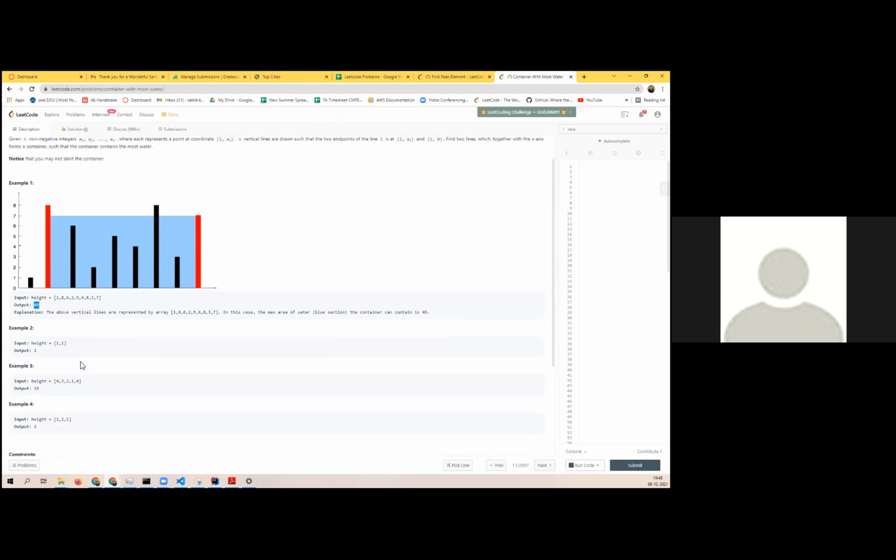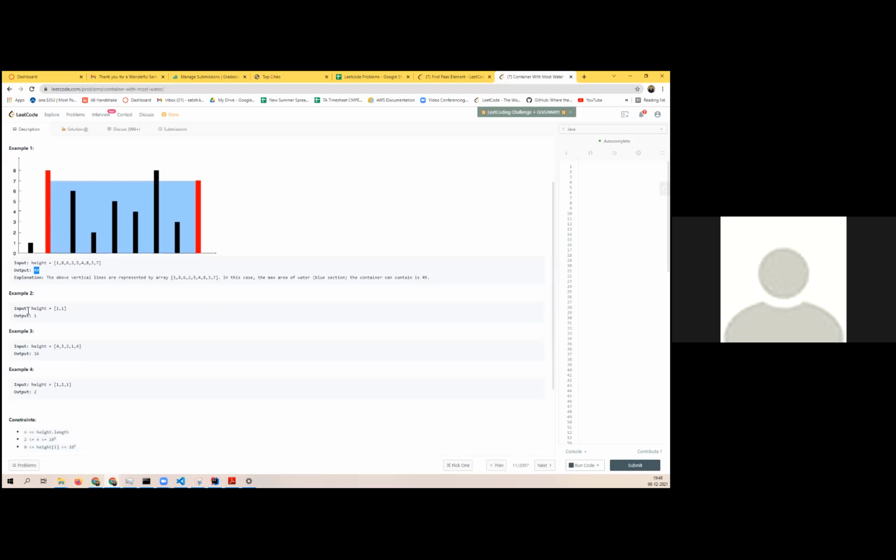Let's go through the input and output. The second example we have is 1, 1. So we have two bars with heights 1 and 1. The maximum water that we can store has height 1 and width 1, which is 1 times 1, so the answer is 1.